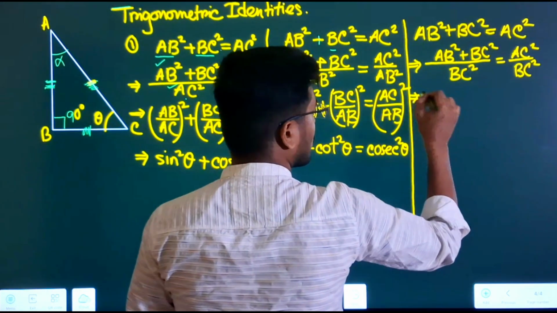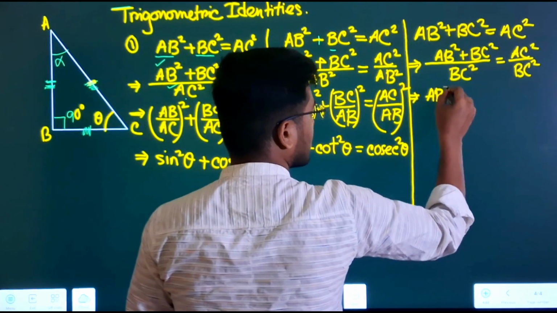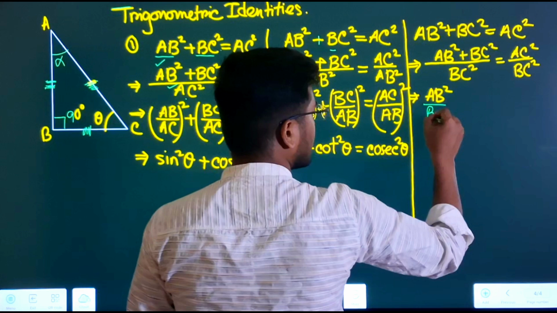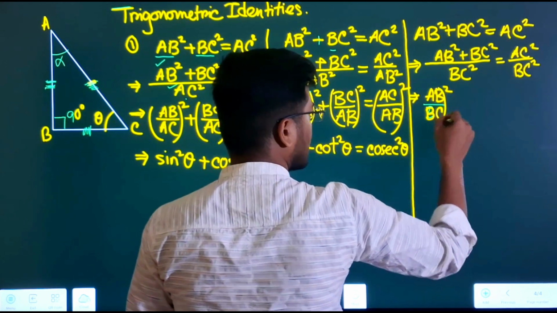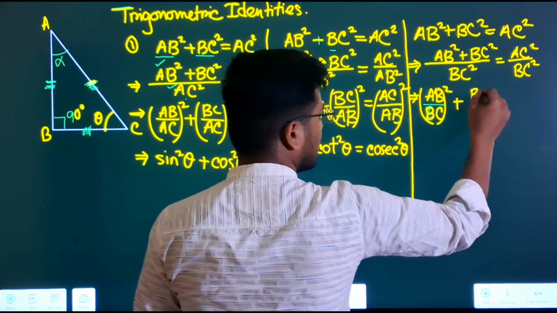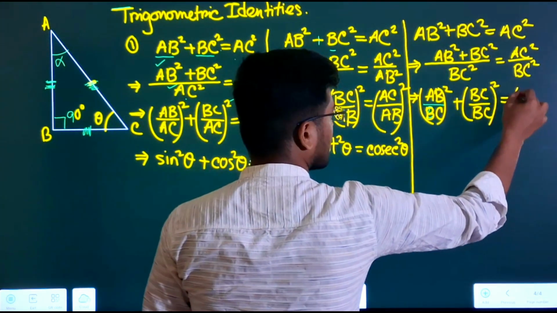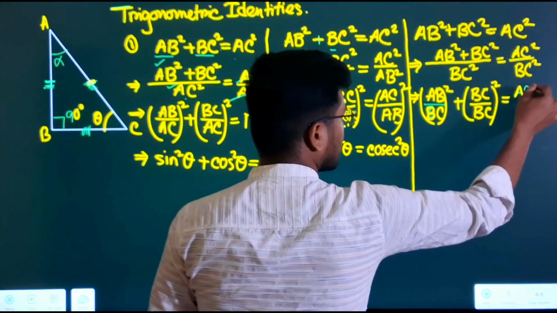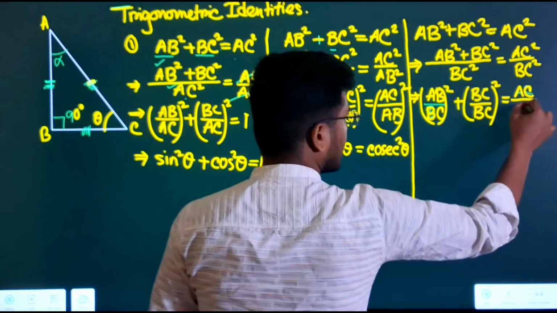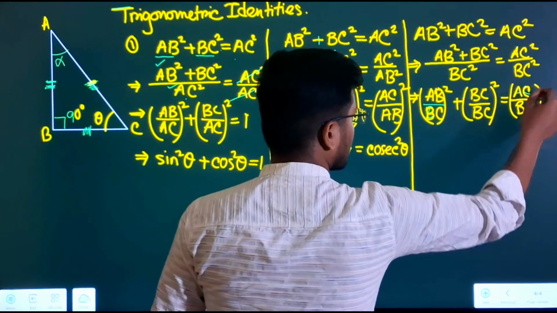Write down AB by BC whole square plus BC divided by BC whole square plus AC divided by BC then whole square.